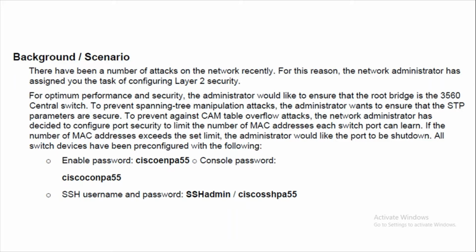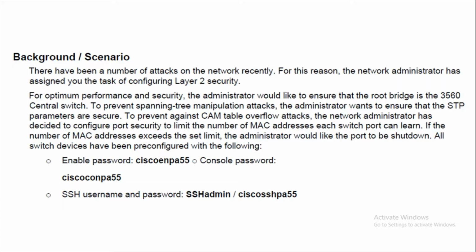Whatever BPDU is sent by the attacker announces that the attacker system has a lower bridge priority now. So all the frames will get rerouted towards the attacker network, and the attacker can see a variety of frames forwarded from other switches to it. We have to avoid that. That's the first thing: we have to ensure that the STP parameters are secure.